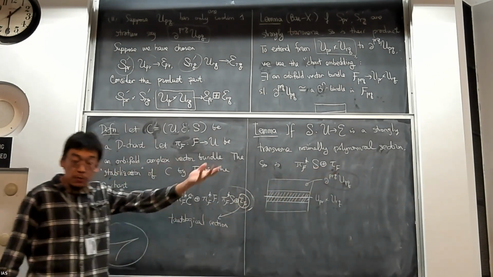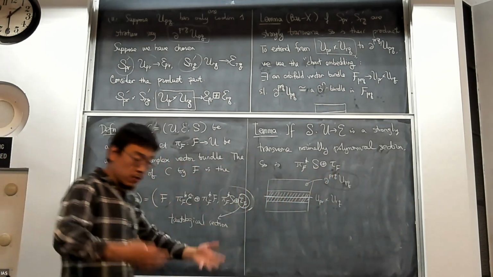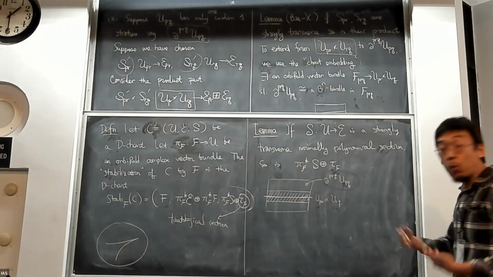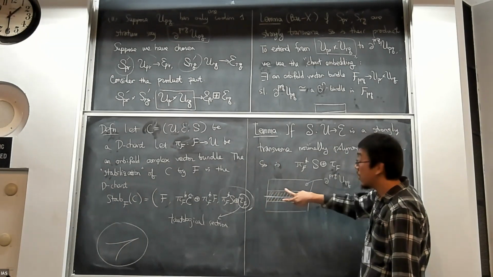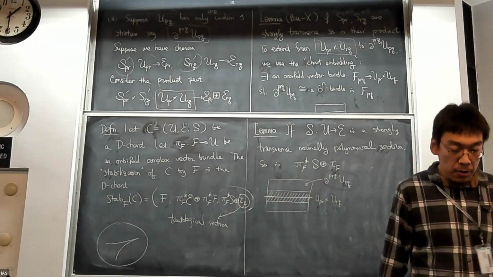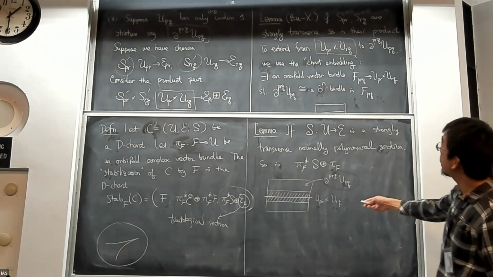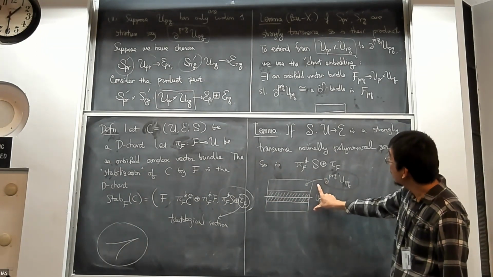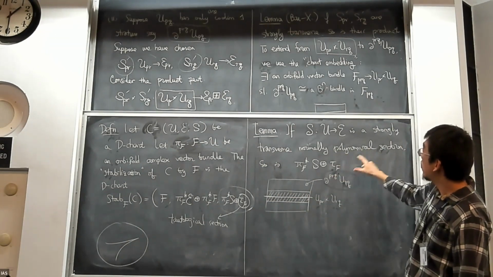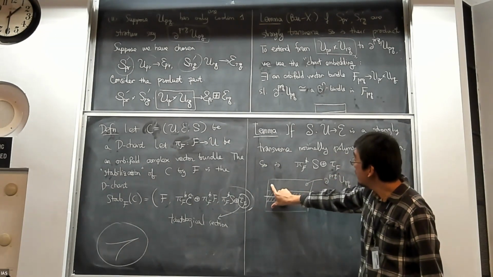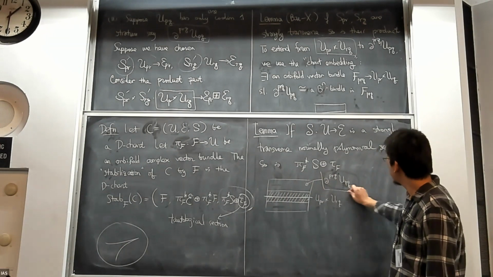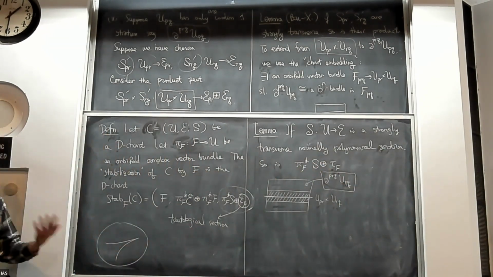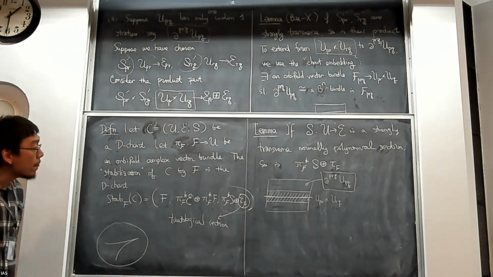So you can extend the perturbation arbitrarily without creating more zeros outside this neighborhood. So this tells you that you can extend the product perturbation to a strongly transverse normally polynomial perturbation on this boundary stratum of the new chart you're working on now.